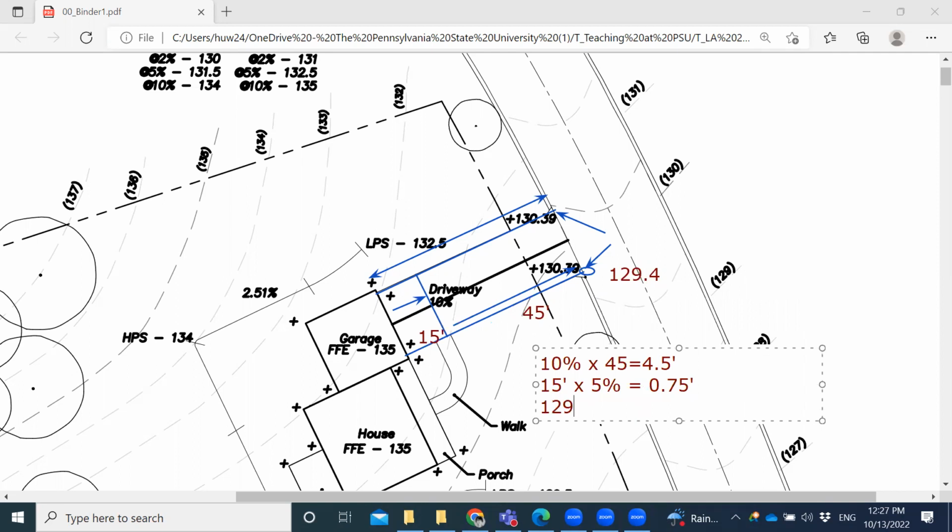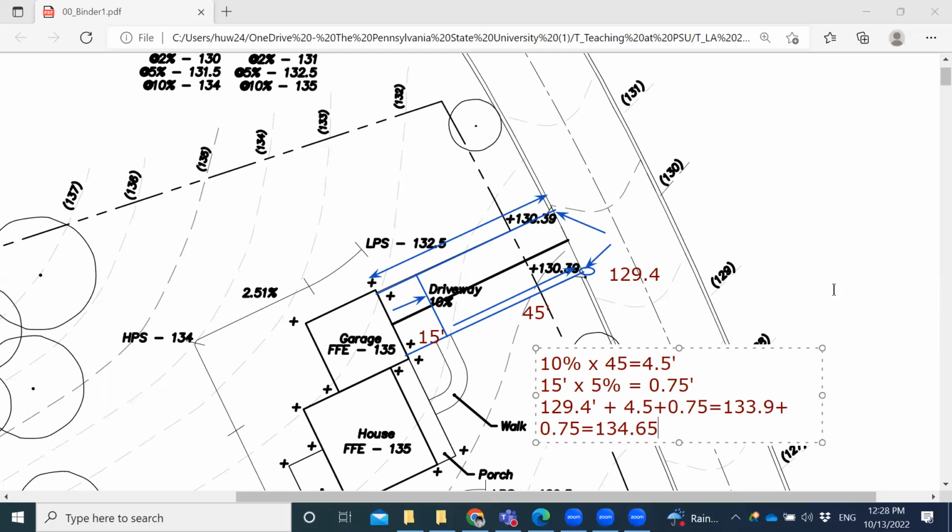So if the lowest point of your driveway is about that, you would add 4.5, then you would add 0.75. So that will be 133.9 add 0.75, so you would have 134.65.